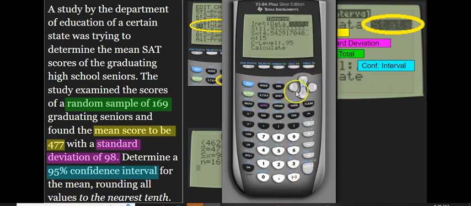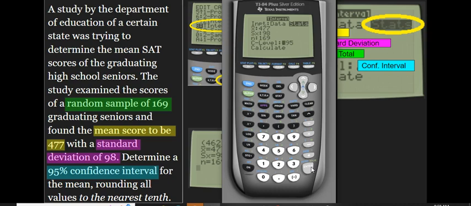Press enter. Our mean score in this was 477. The standard deviation was 98. The sample total of people we sampled was 169, and the confidence level was 95%, which is 0.95.